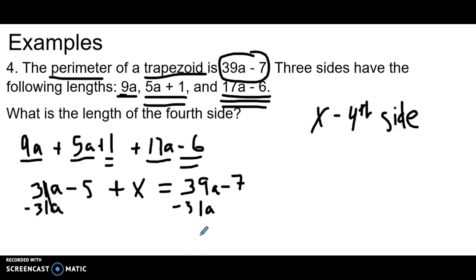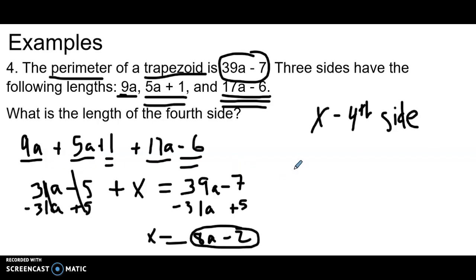That cancels, and you get 8a over here. And you might have been able to look at this and see that we had 31a and we needed to get to 39, so obviously we needed to have 8a more. But if not, solving is always a way to figure it out. We'll have to add 5, so that's minus 2, and x, which is our fourth side, is 8a minus 2.